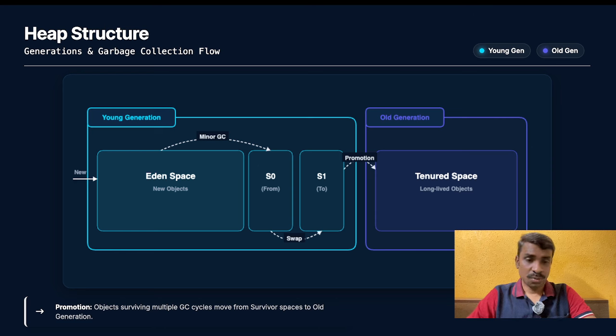So objects surviving multiple GC cycles move from survivor spaces to the old generation. GC means garbage collection. If an object survives multiple garbage collections, it will get promoted to the old generation. That is the idea: short-lived objects are in the young generation, long-lived objects are in the old generation.